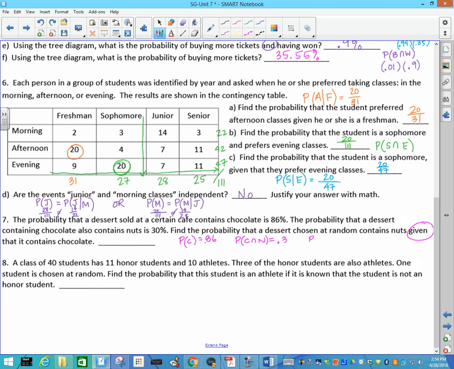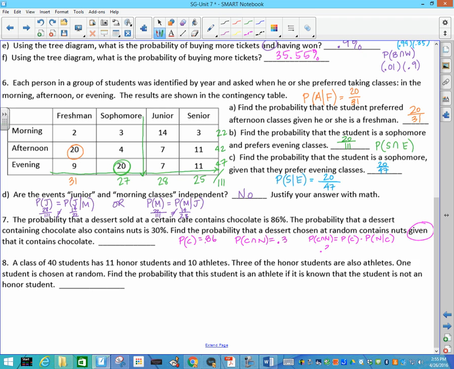So we know that the probability of chocolate and nuts equals the probability of chocolate times the probability of nuts given that it's chocolate. Actually, I got those backwards.